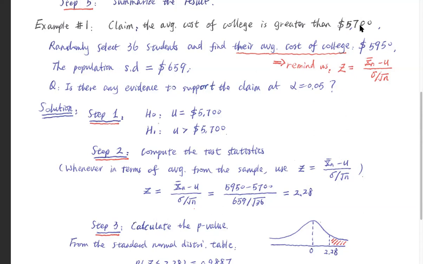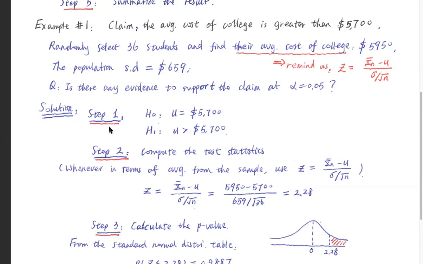My question is, if I say overall, for all the college students, how much confidence do we have that their average cost of college is greater than 5,700? In that case, you don't have 100% confidence anymore. You may have, say, 80% or 70%, depending on the confidence you are talking about. We are going into more details on that confidence.